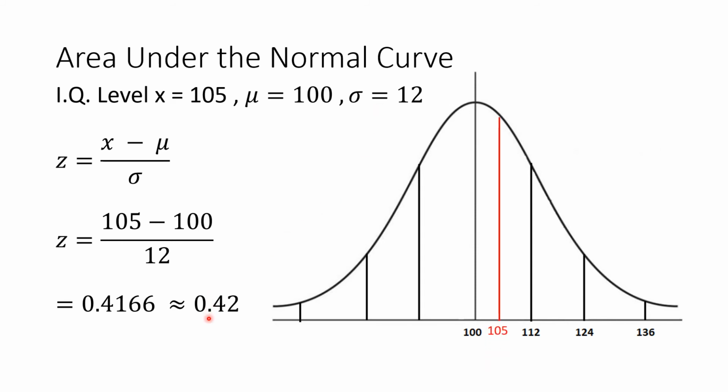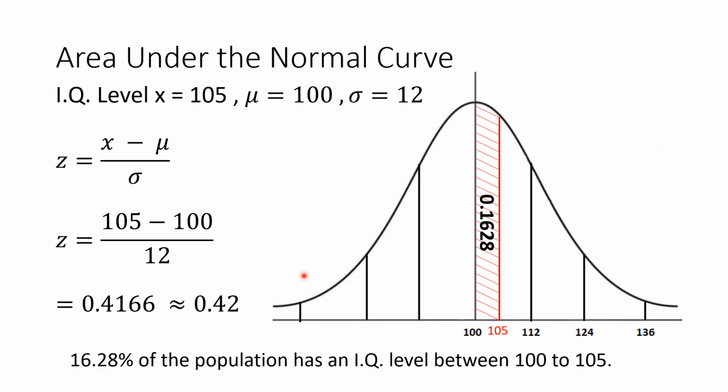With the z-score of 0.42, if you look at the table, this area will be equal to 0.1628. We can interpret this value as 16.28% of the population has an IQ level between 100 to 105.